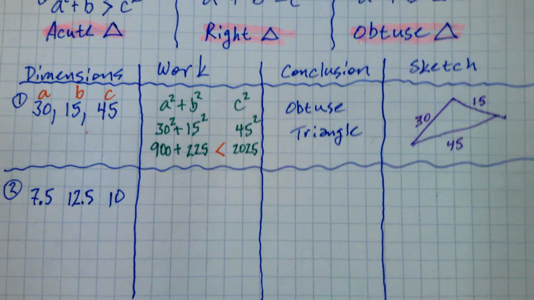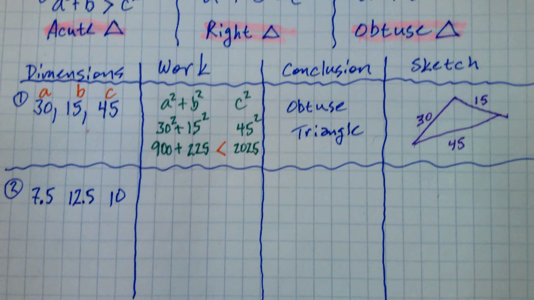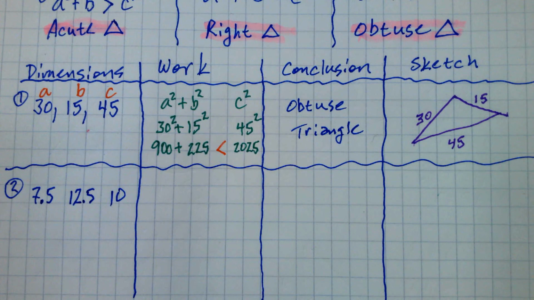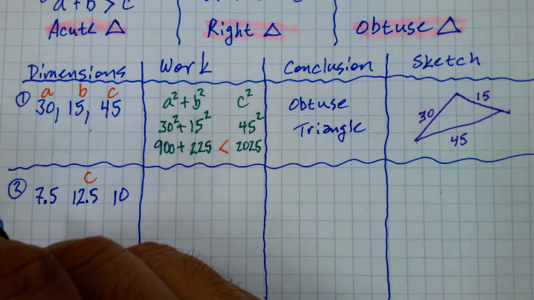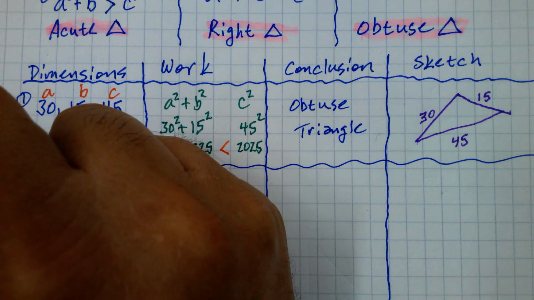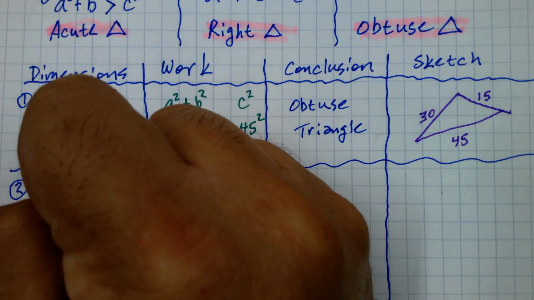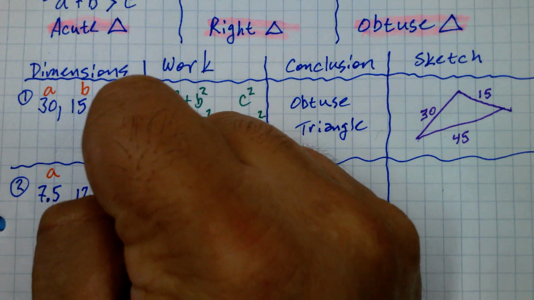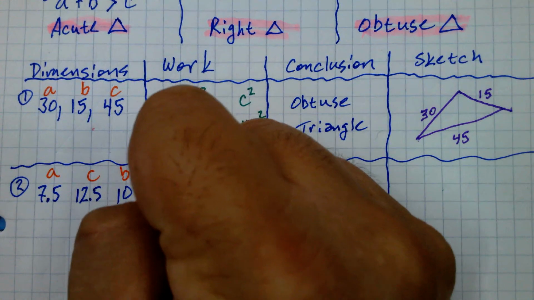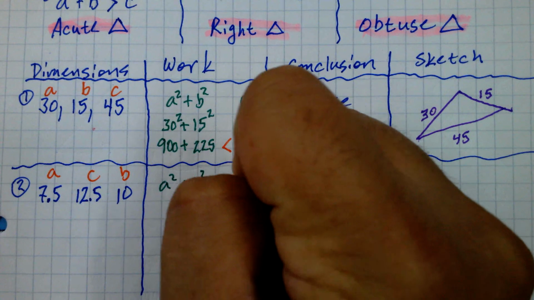Try that one. Okay, which one has to be C? 12.5. Yeah, that one has to be C. So then we can have this as A for 7.5 and B for 10. Okay, so same as before, A squared plus B squared, we'll compare it to C squared.